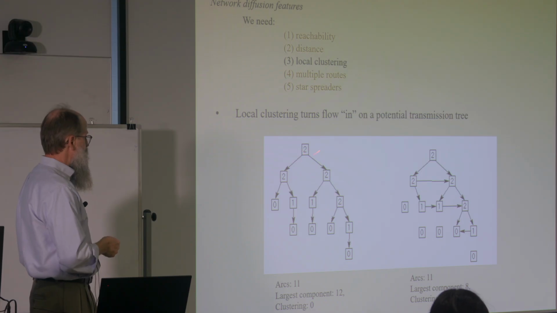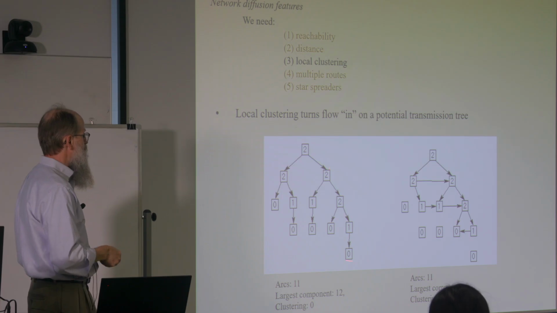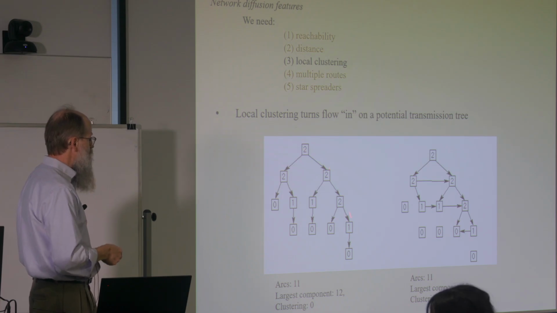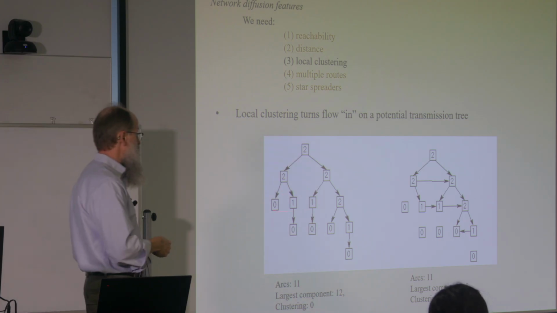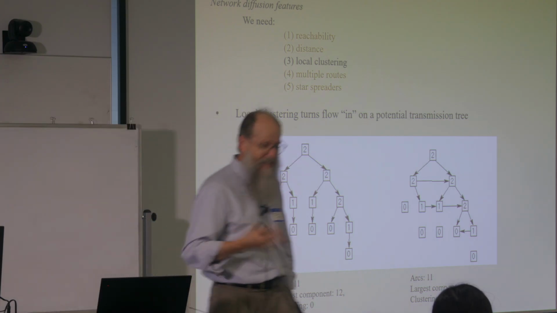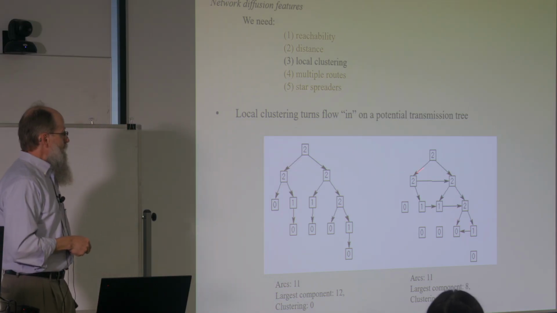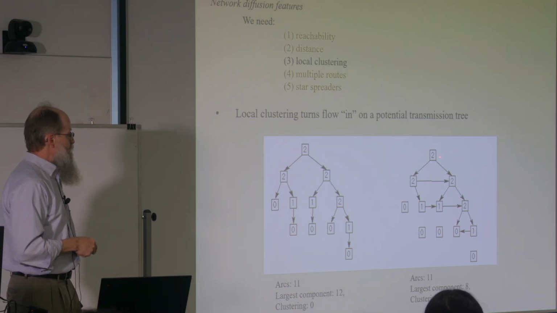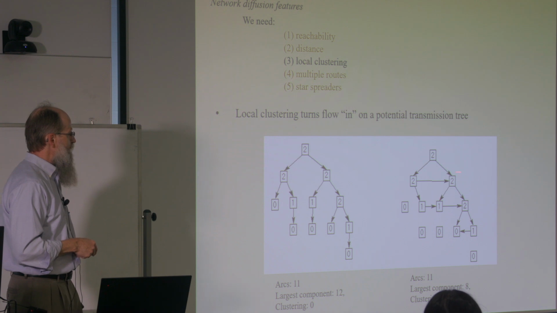Each person has two ties, and they generate as many new cases as they have ties. So if I have no clustering, I get a very efficient spread to new people because there's no wasted time reaching the same people twice. In this case, these nodes here are getting reached by multiple people at the same time.